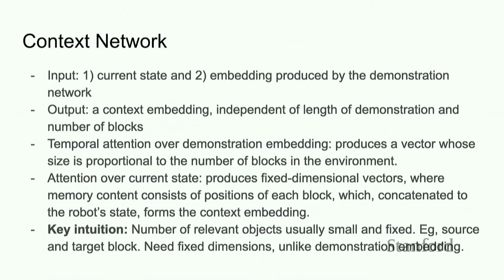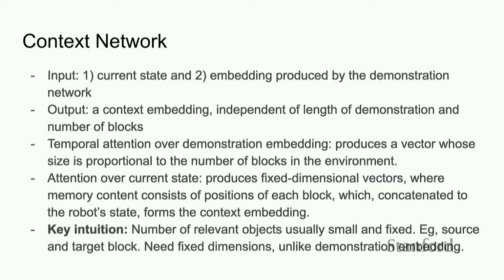The next network is the context network, which takes in the current state, the observation from our camera, as well as the embedding produced by the demonstration network. It produces a context embedding, which tells our manipulation network what the context is to inform what action we have to take. It is important for the final network that its input is a fixed dimension.